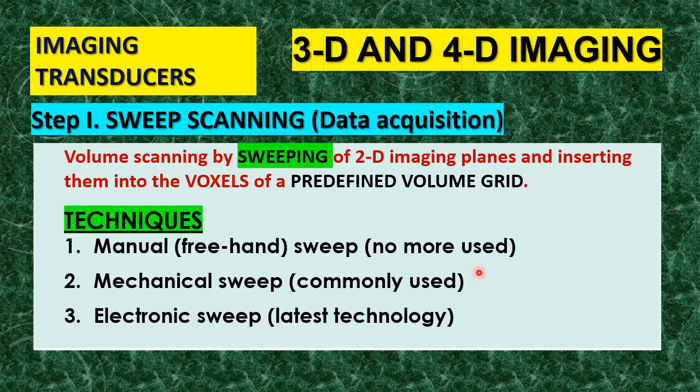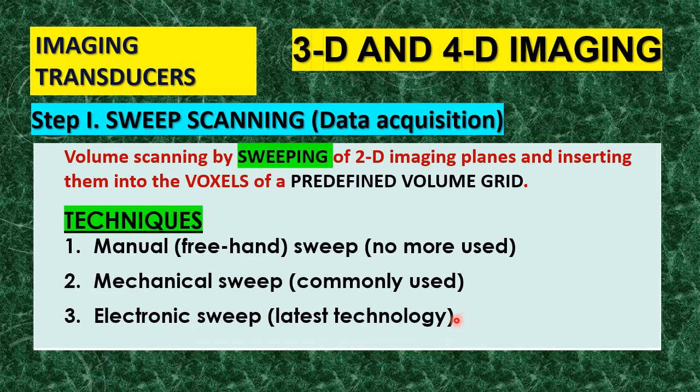The second one is mechanical sweeping, and this is actually the commonest one. If you are practicing some 3D imaging, you might feel that the probe is having some vibrations. Okay, this is the mechanical sweeping, and we'll discuss this in a moment. The third way of sweeping is called electronic sweeping, and this is the latest technology.